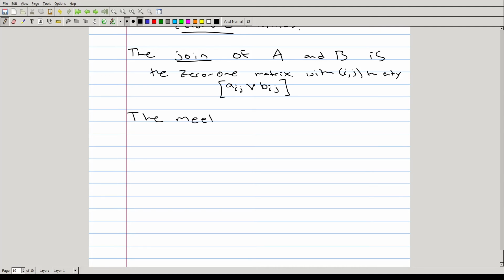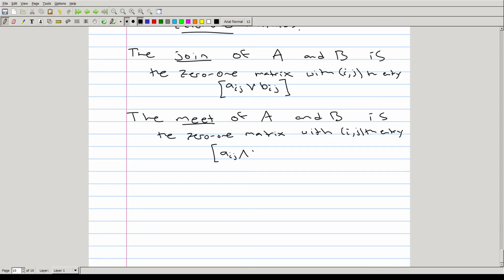Correspondingly, the meet of A and B is the 0, 1 matrix with the ijth entry given by Aij and Bij.